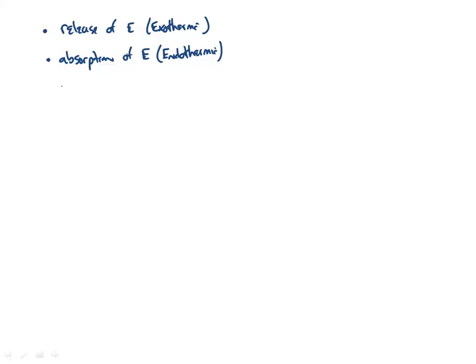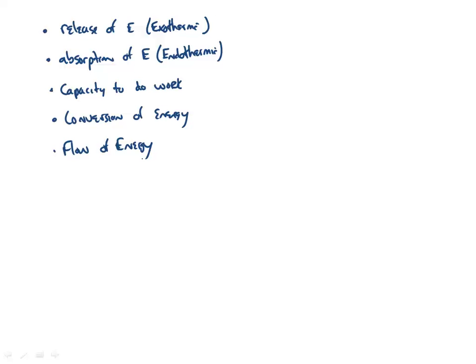We're also going to look at basically the capacity to do work, and we're going to look at the conversion of energy, and we'll also look at the flow of energy. So really, the whole idea is that we're going to look at every possible aspect of energy and try to really get at understanding what's happening to the energy in a chemical reaction.